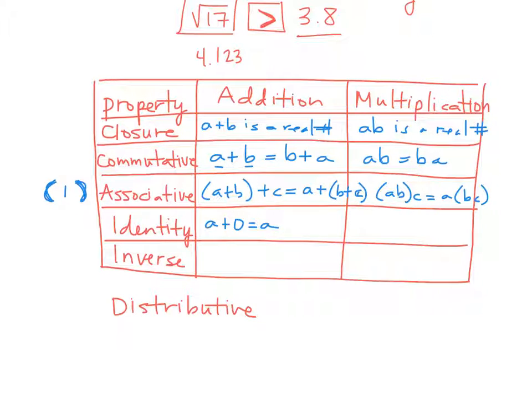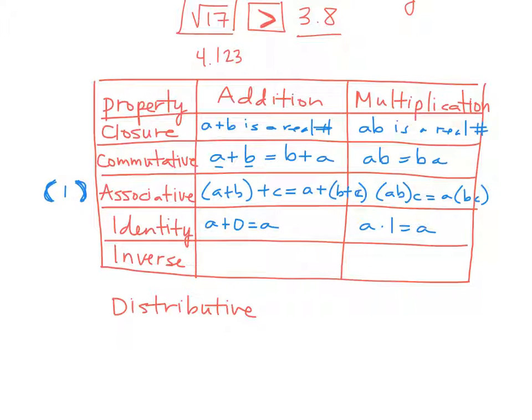The identity property of multiplication says, how do you get a number to stay that number? You multiply by 1. So A times 1 is still A. Your identity didn't change.